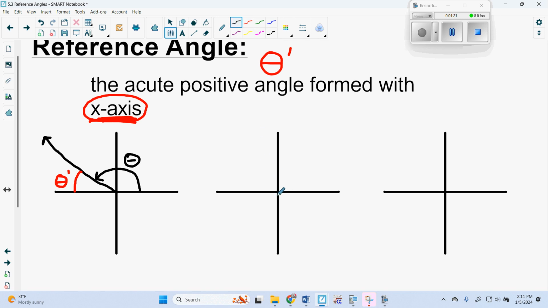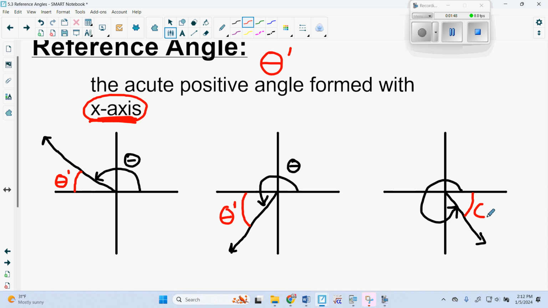If we have an angle in the third quadrant, this would be our angle theta. Our reference angle is this acute angle with the x-axis. If we have an angle in the fourth quadrant, like that, our reference angle is this acute angle right there.